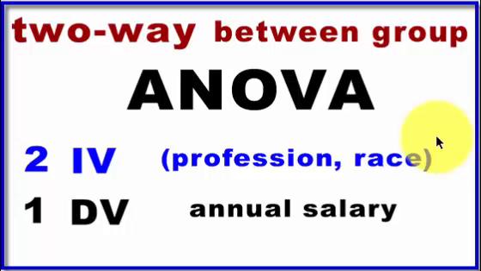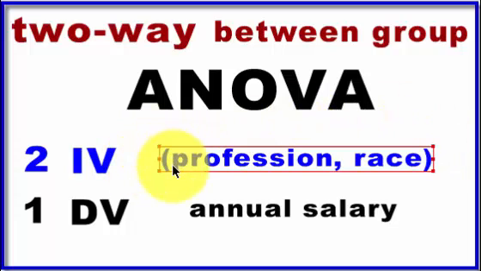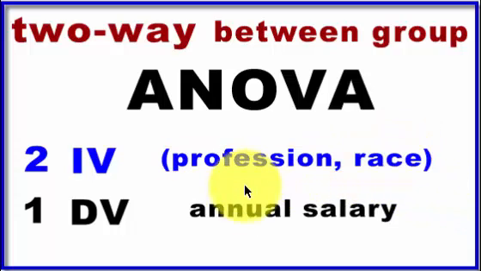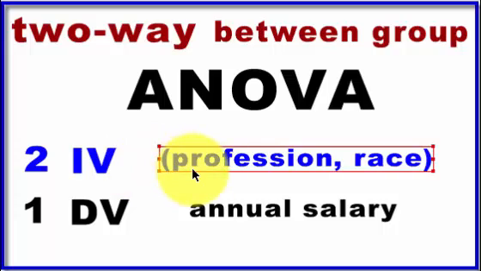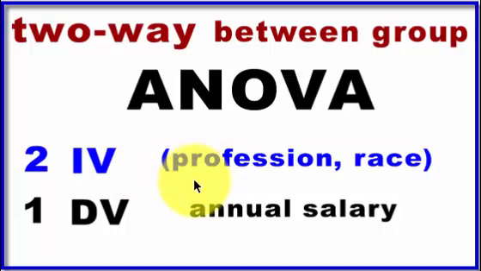An interaction, by definition, is when one level of one IV interacts with another level of a second IV in such a way that the DV scores are either way high or way low than everybody else. So an example would be if white police officers made significantly more money per year, had a higher annual salary than everybody else. That's a significant interaction.